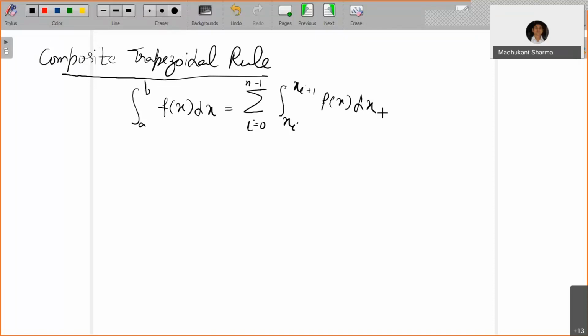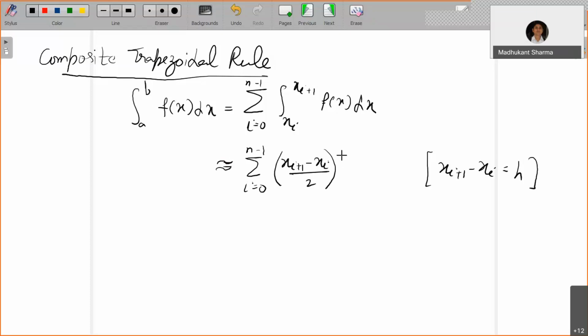So we have subdivided ab into n equal length subintervals, and with the notation that xi plus 1 minus xi, the length of each ith subinterval, is equal to h, this is approximately the summation from i equals 0 to n minus 1 of (xi plus 1 minus xi) divided by 2 times f at xi plus f at xi plus 1.